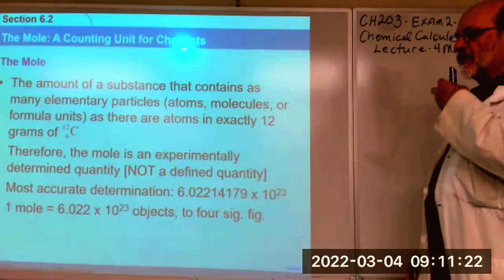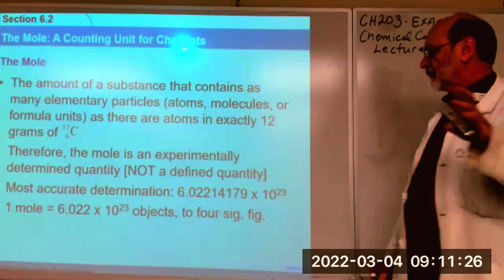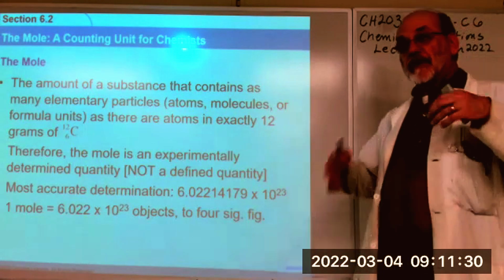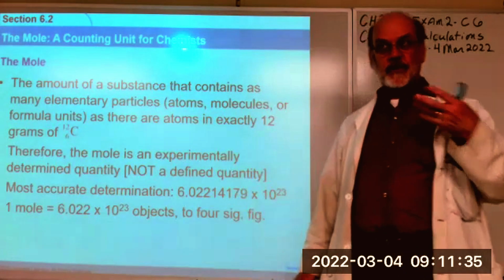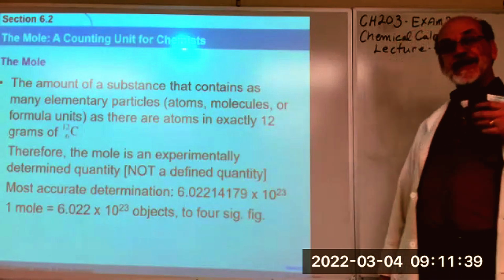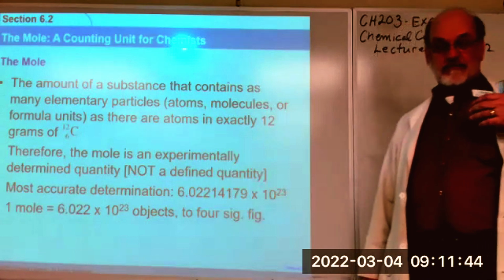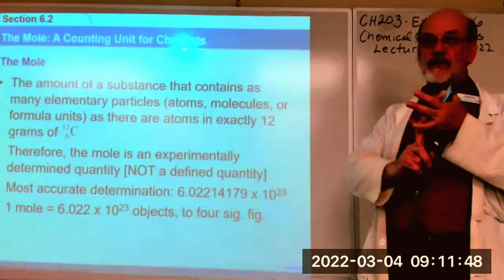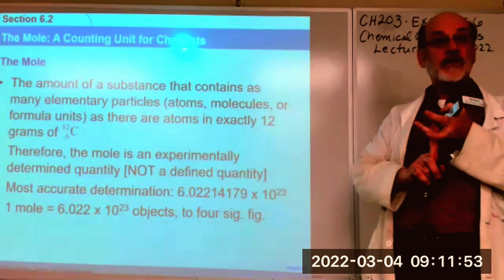Okay, so now we come to the concept of the mole. We didn't talk about the mole yet, did we? Okay. So the mole is just a number. Now, to be sure, it's derived from reality, but the mole itself is just a number of things. In chemistry, it would be the number of atoms, the number of ions, the number of formula units.